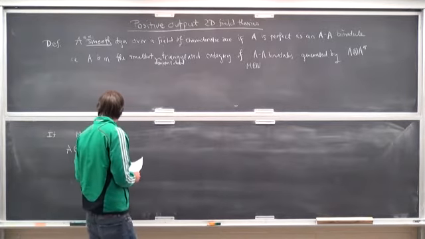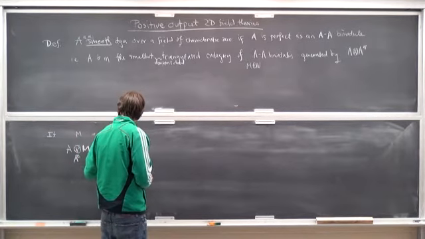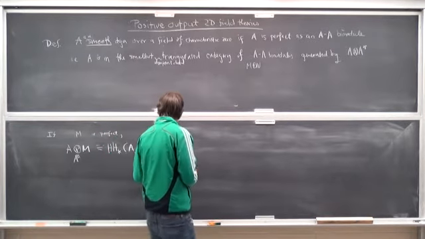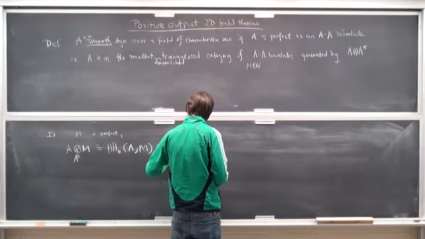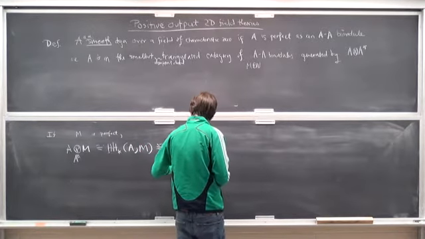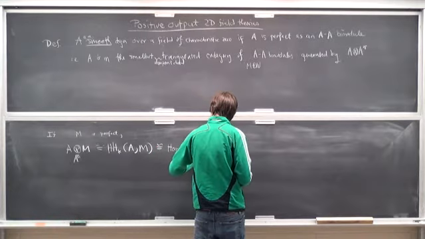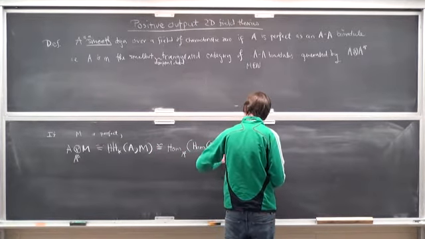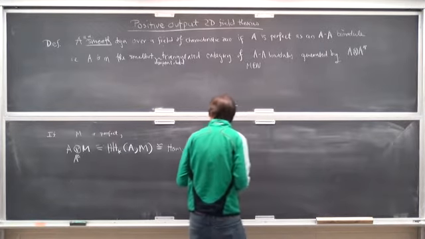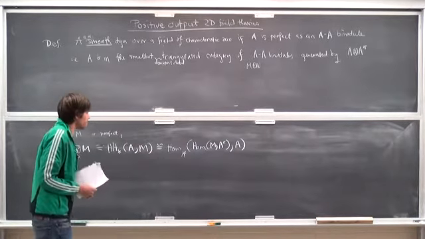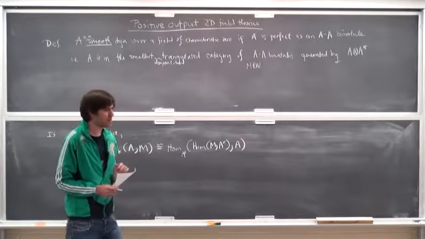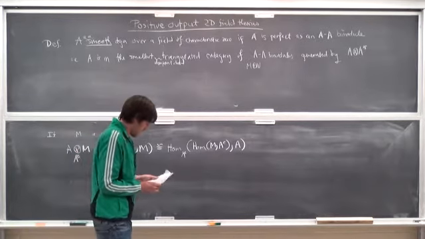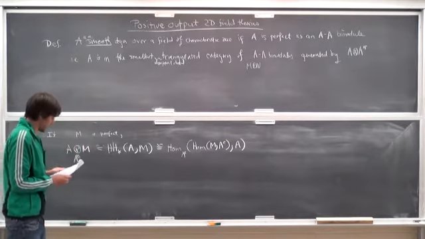So this is by definition the Hochschild homology with coefficients in M, but there's always an isomorphism between this and Hom over A^e between the following two modules. And this is if M is perfect.